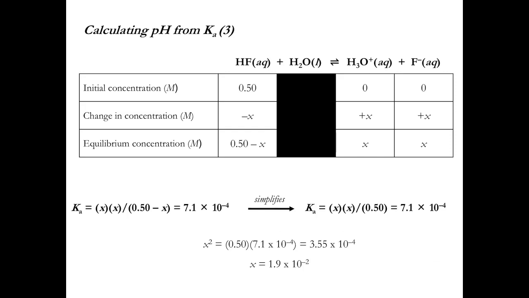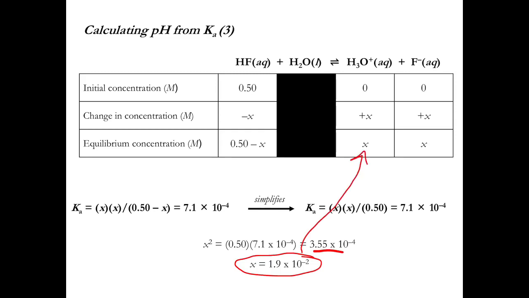So X squared then would be equal to 0.5 times our Ka value. So X squared is equal to 3.55 times 10 to the minus 4, and X would then be equal to 1.9 times 10 to the minus 2.